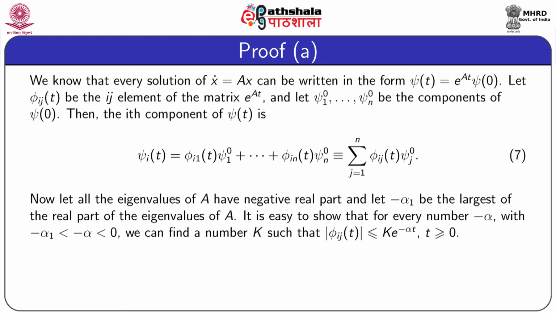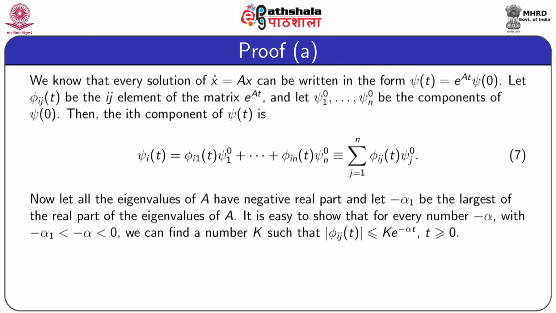The proof of the first part: we know that every solution of x dot equal to A x can be written in the form ψ(t) equal to e^(At) ψ(0). Let φ_ij(t) be the ijth element of the matrix e^(At), and let ψ₁(0), ψ₂(0), ..., ψ_n(0) be the components of ψ(0).